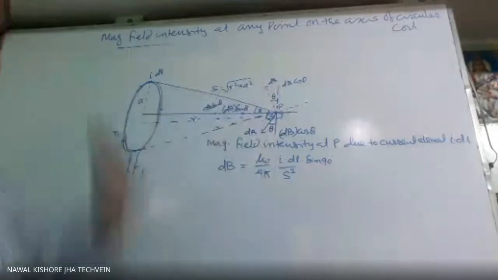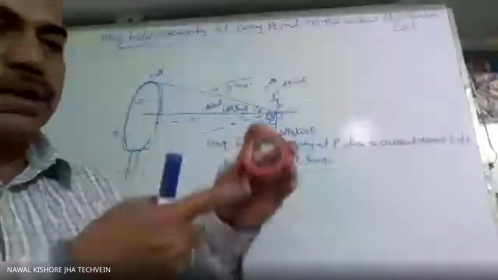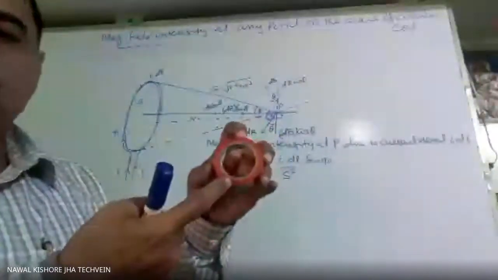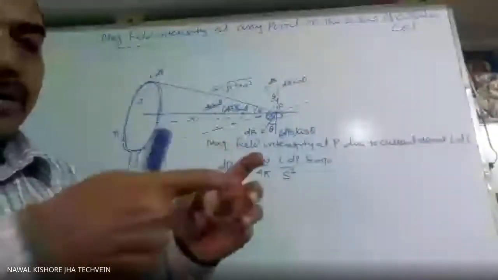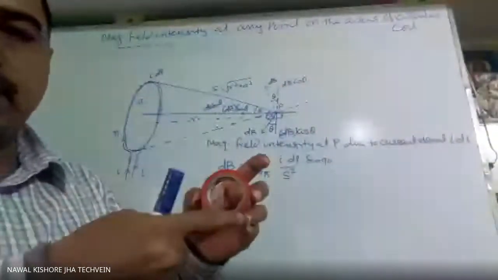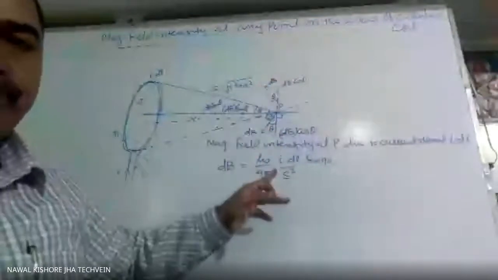Each point has got a diametrically opposite point. No? Magnetic field due to this and this, equal and opposite. This and this component will be equal and opposite. This and this, same. This and this, same. So this component, the net vertical component, will become 0.